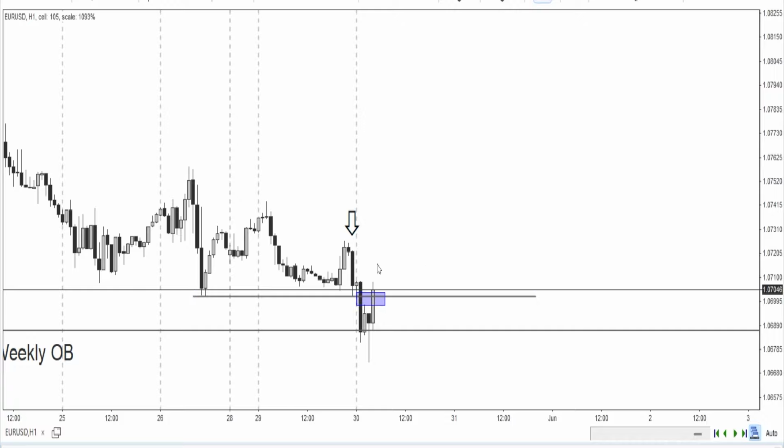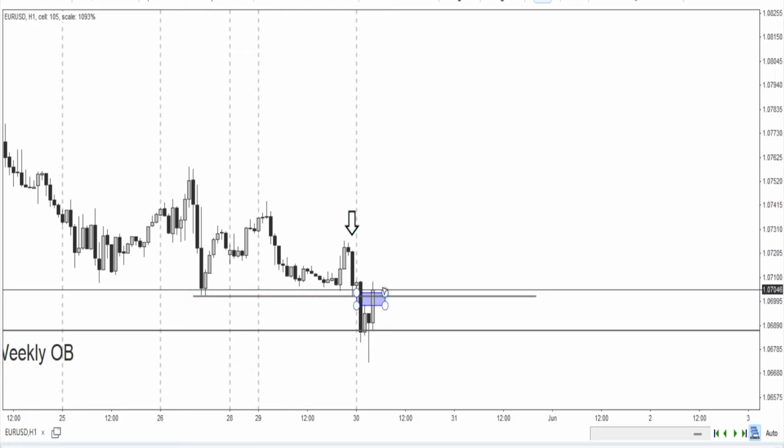Once this bullish candle closed above this IFVG, inversion FVG, I waited and upon the opening of the next hourly candle, I anticipated a wick down as a Judas and I entered the trade at that point.